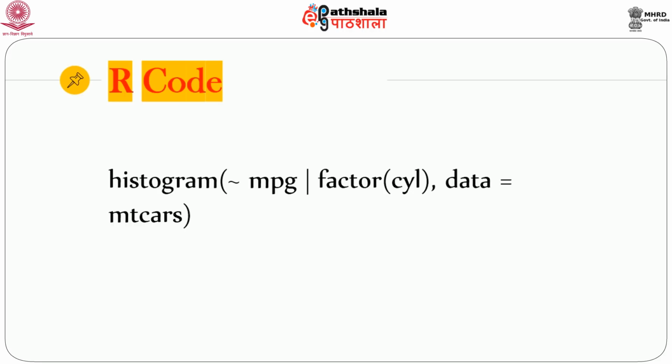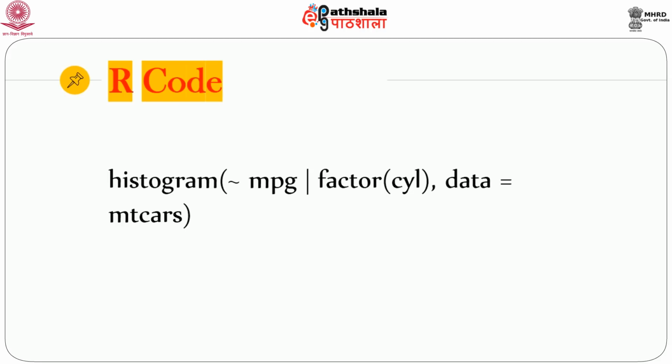We all know that from the description of the data. Now at first, among all the variables, we are considering two variables: MPG, that is miles per gallon, and CYL, that is the number of cylinders. The first one, MPG, is a continuous variable and the second one is a discrete variable which takes only 3 values. Now our objective is to have a histogram for a particular variable.